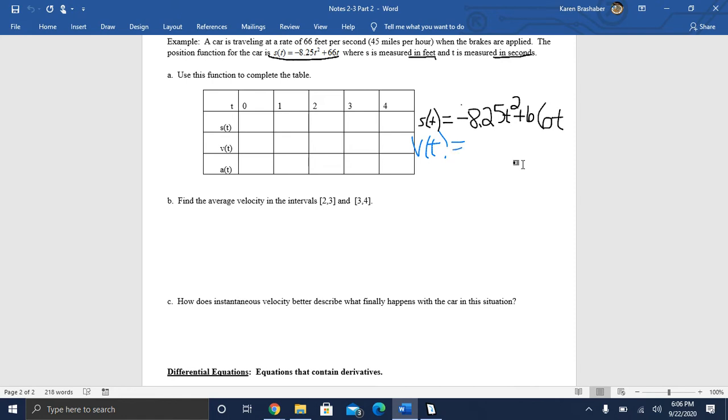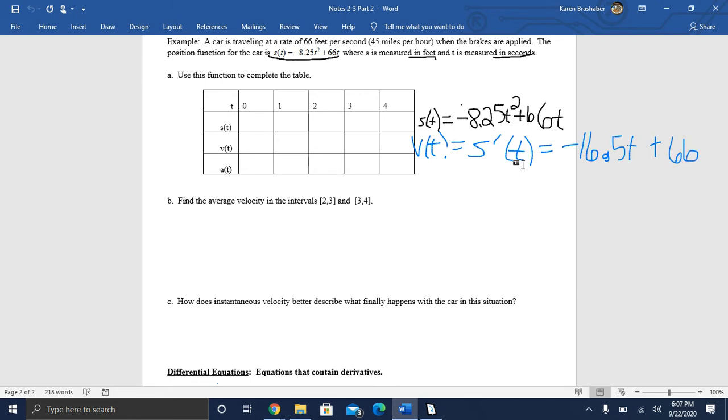So we would do s prime of t, and that's going to equal, so we would take the 2 times the negative 8.25, that's going to be negative 16.5 t, and then your derivative of 66t is just going to be plus 66.